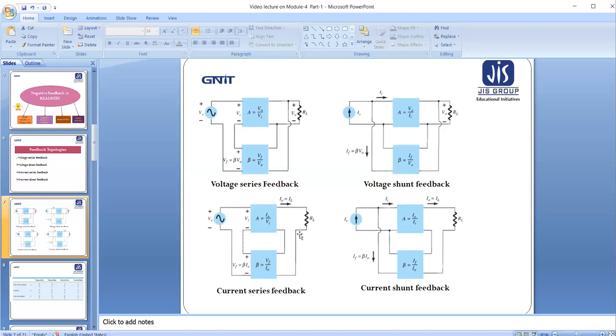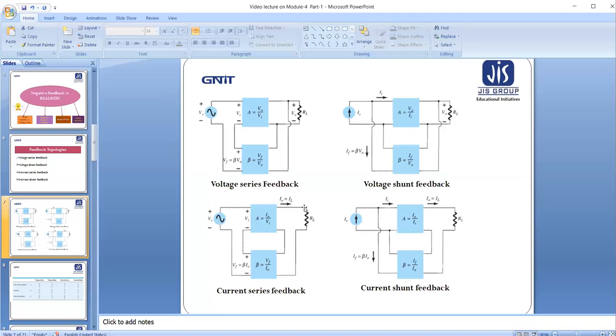Now let us have a look. Again, the amplifier is producing some signal. Which signal? Current signal. Now we know, as there is a feedback circuit, the feedback circuit will take the entire output signal. As the output signal is current, it must be connected with the feedback circuit via series connection, not the parallel connection.